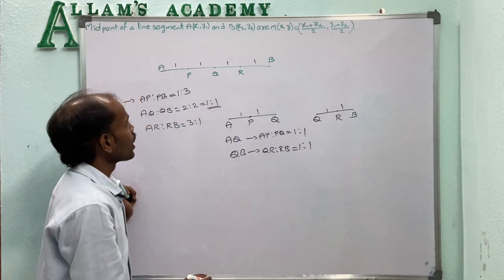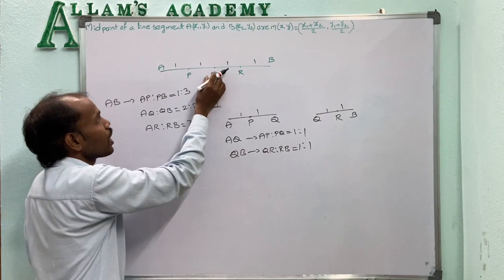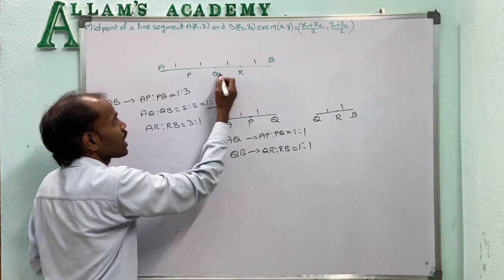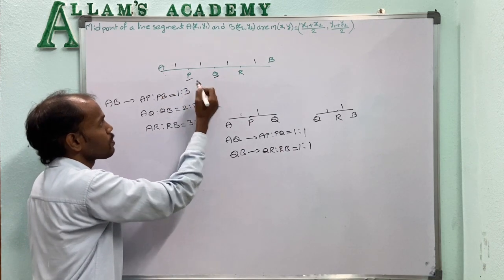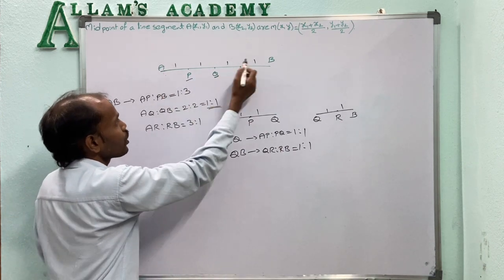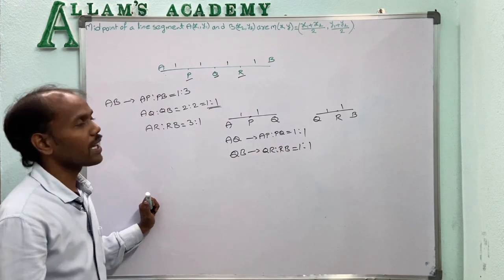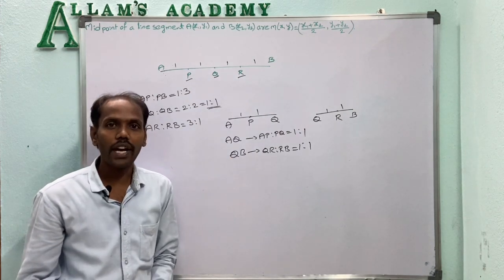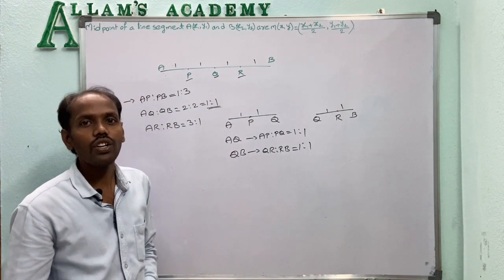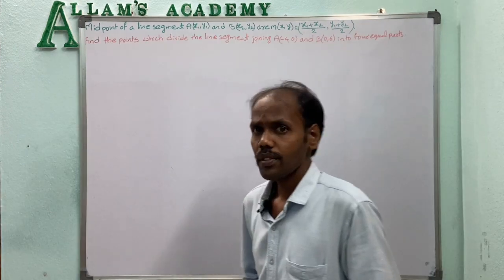That means for the 4 equal parts, Q is the midpoint of AB, P is the midpoint of AQ and R is the midpoint of QB. Finding those is simply a matter of using the midpoint formula to find the dividing points.